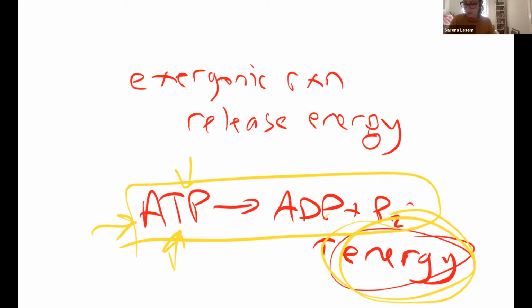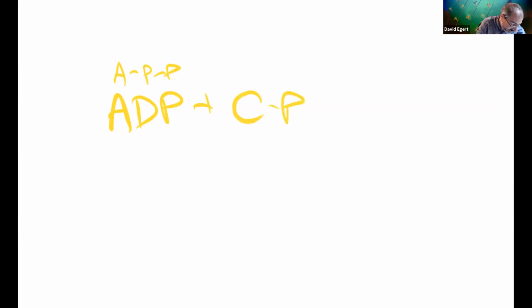Especially in your fast twitch muscles, where you want to have ATP ready to go right away again, you've got this system of creatine phosphate lying around. And so if you have ADP, which is again the A with the 2 P's, and creatine phosphate, which is C with 1 P, this is creatine phosphate.